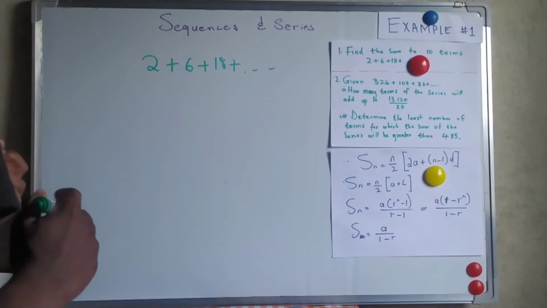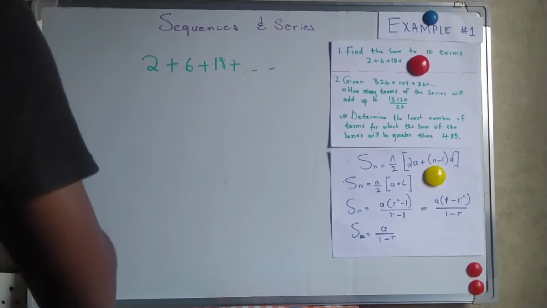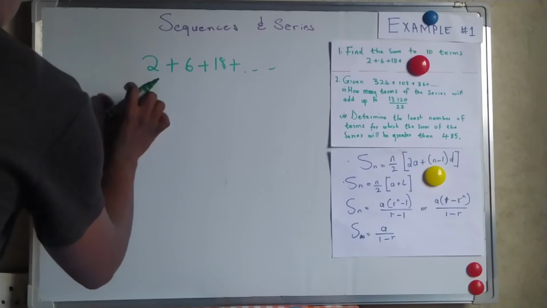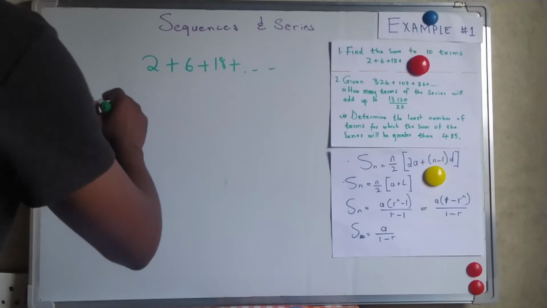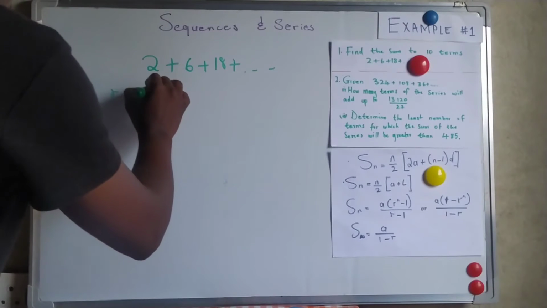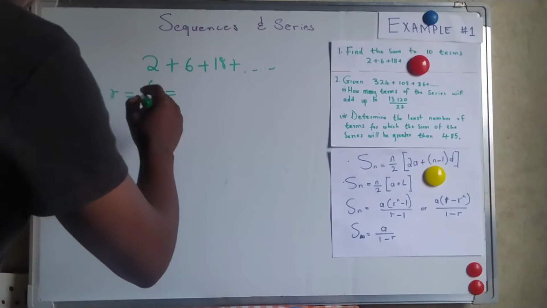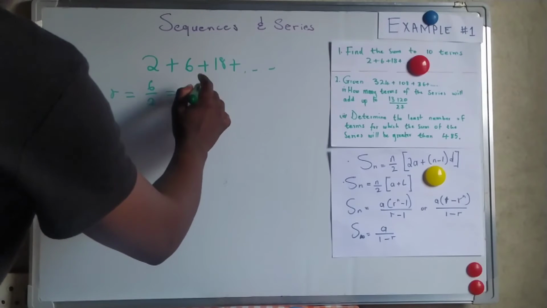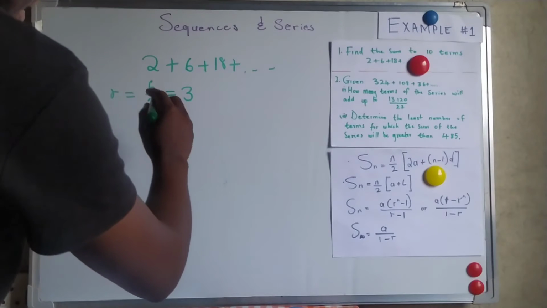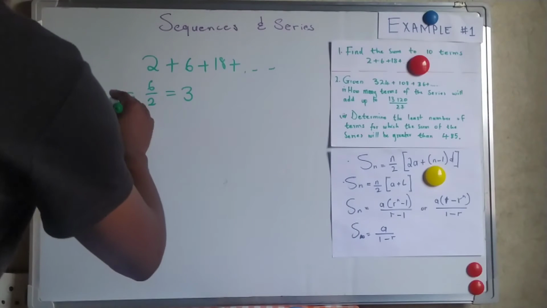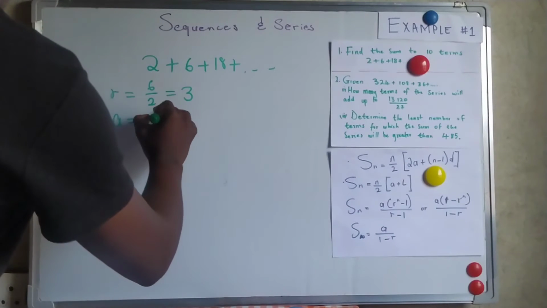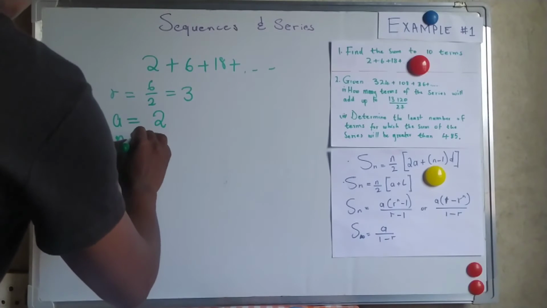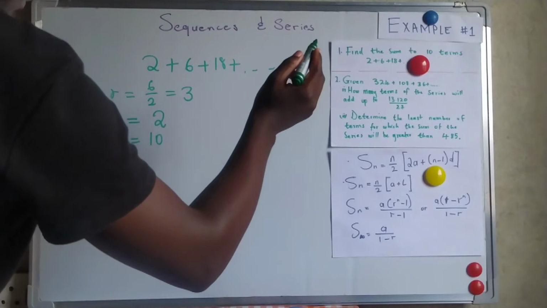Okay, so let's use the Sn formula. Actually, let us look at r. What's our r here? r is equal to 6 over 2, which is 3. Okay, so if it's 3, it's positive, it's greater than 1, we can use this one. What is our a? Our a is 2. Then what is our n? Our n is 10 because they want the sum to 10 terms.